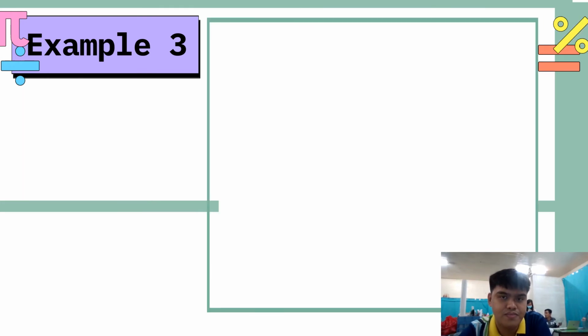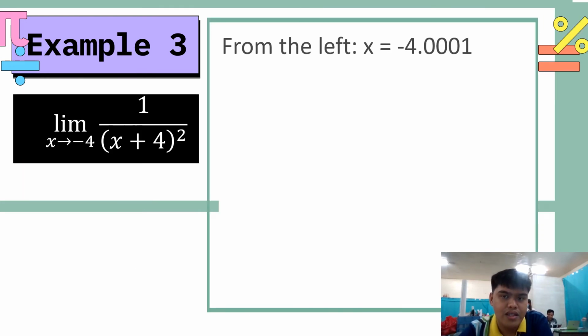Now, we test first from the left side of the approached value. We assume a value that is smaller than negative 4 but very close to negative 4. So we choose negative 4.0001.